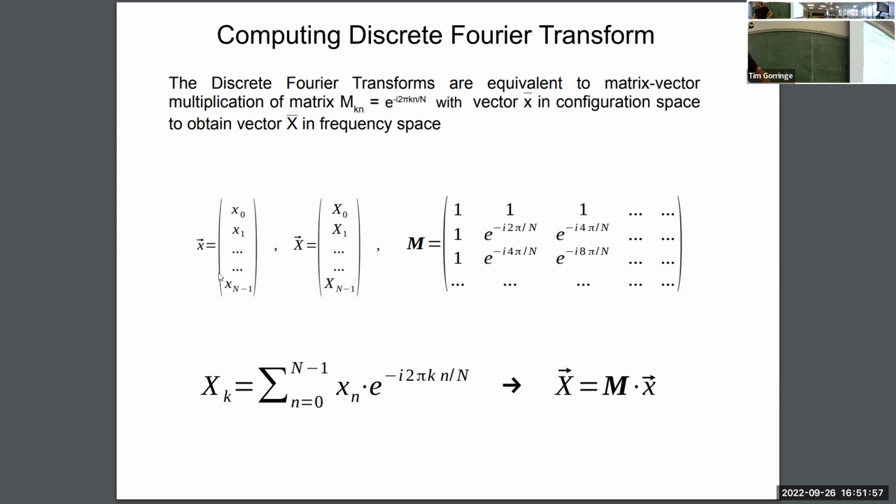So I just tried to sketch that out, that way of picturing things, in this slide here. So this lowercase x, I'm now thinking of as a vector here with components. I'm thinking of the uppercase X in reciprocal space here as also a vector, the same dimensions, with these elements with the label.